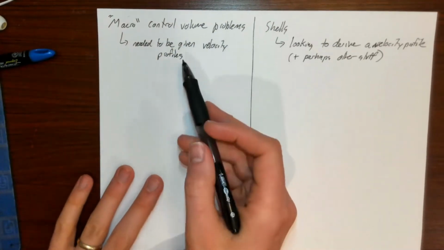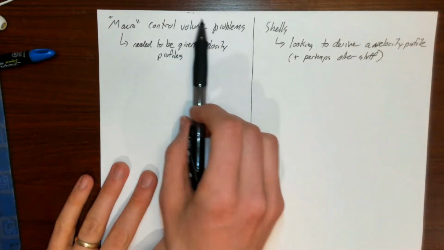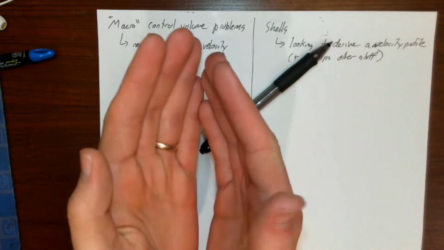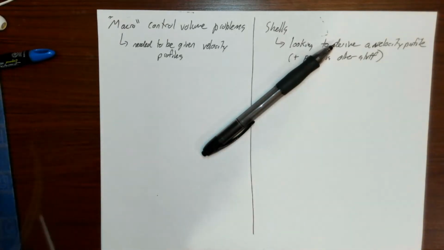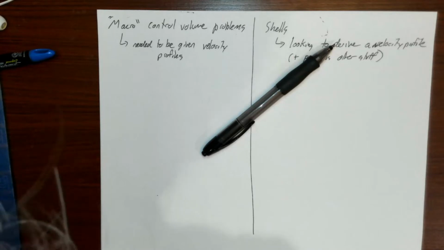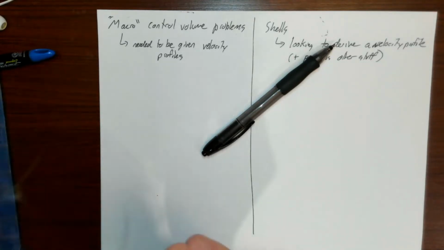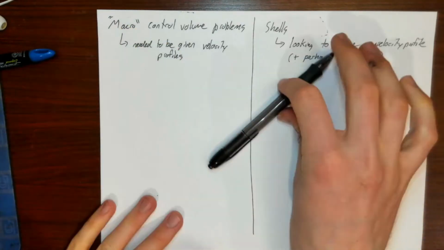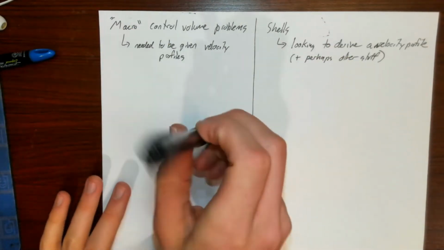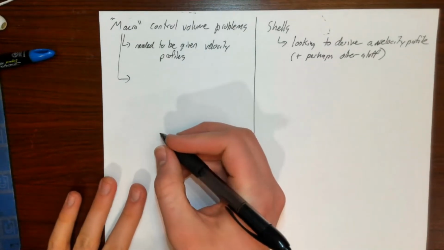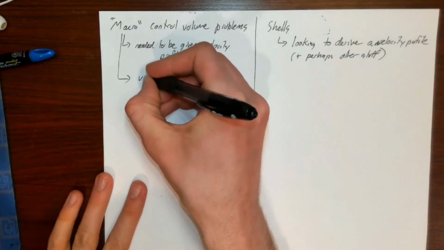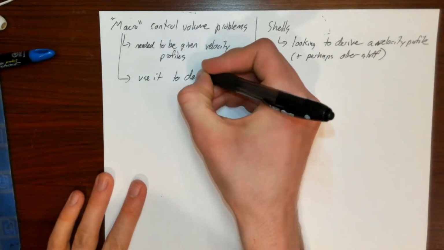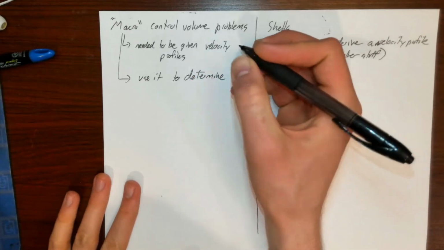For a lot of the problems that we solved so far in fluid mechanics, the clouds have opened up and Professor Landon's face has poked through and said, here is the velocity profile. The x velocity is a function of y, or the z velocity is a function of r. And then the clouds closed back up, and then we used this given velocity profile to determine things we care about.